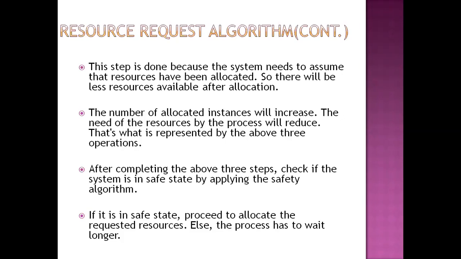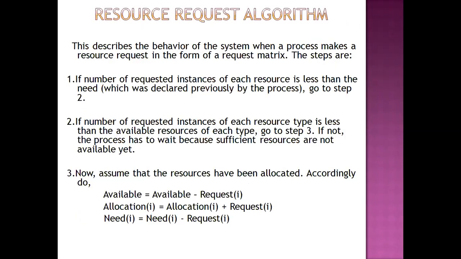If it is in a safe state, proceed to allocate the requested resource, else the process has to wait longer. This algorithm describes the behavior of the system when a process makes a resource request in the form of a request matrix.